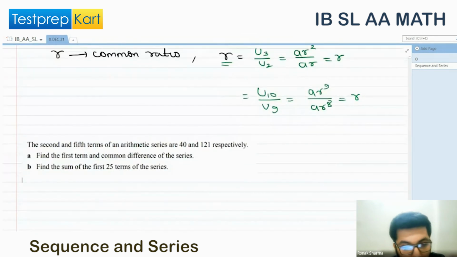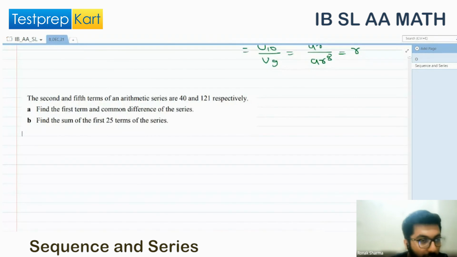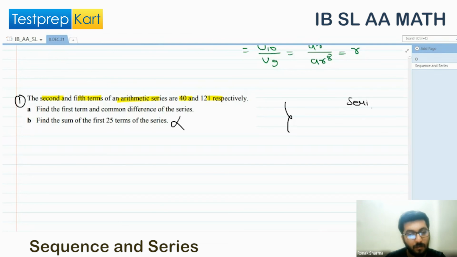Now let us do one very interesting question, like what kind of question you're going to see in sequence and series. The second and fifth terms of an arithmetic series are 40 and 121. Right now we're not going to do the summation part because we are going to learn that in the series topic. But right now we're going to focus on the first part, that is, find the first term and the common difference.